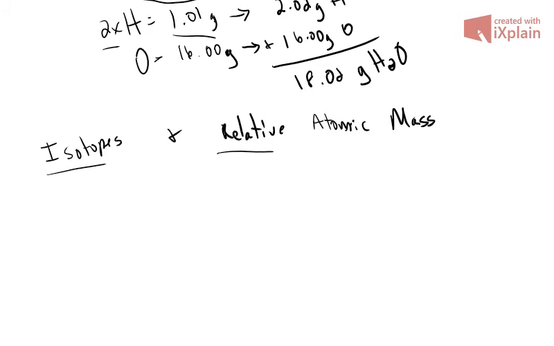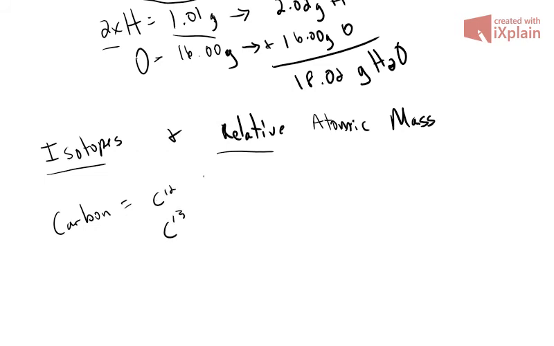Okay, so for carbon, carbon has like 3 different isotopes, I believe. Actually, let me find that out for sure. All right. Through the magic of the internet, I found that there's like 5 isotopes, but only 2 that really matter. And those 2 isotopes are carbon 12 and carbon 13.